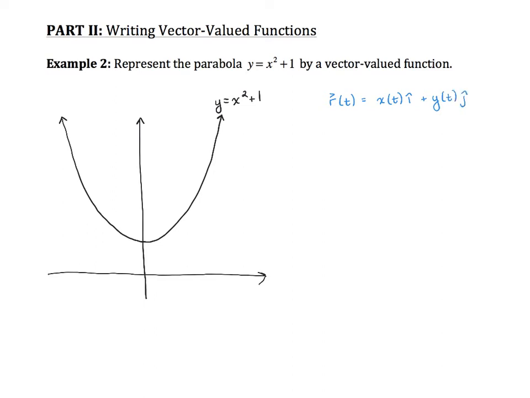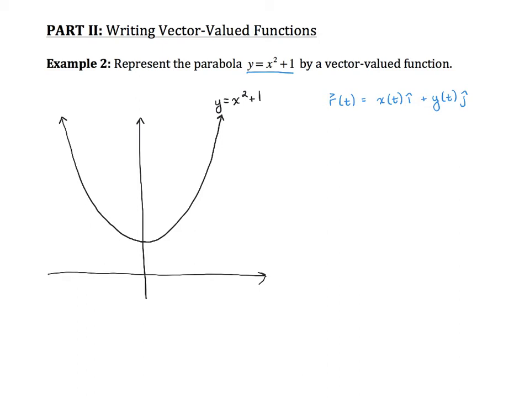So it turns out that writing a vector valued function for a plane curve basically reduces to finding a set of parametric equations for this function right here. And we know how to do that because we did section 10.2. It's basically find a set of parametric equations.